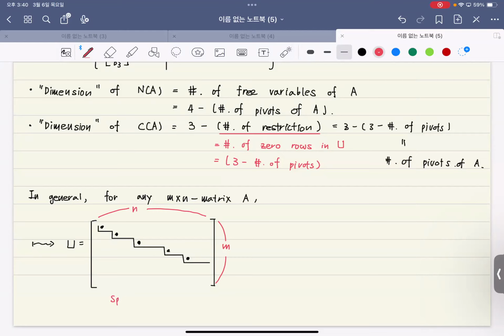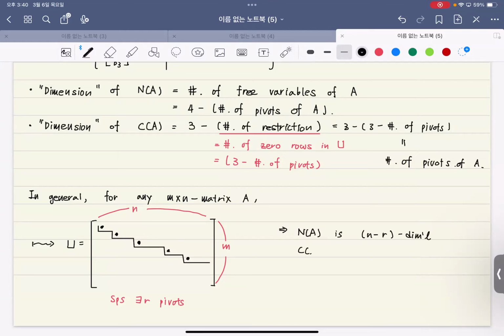Suppose that I have R pivots, then the null space of A must be an N minus R dimensional space, right?